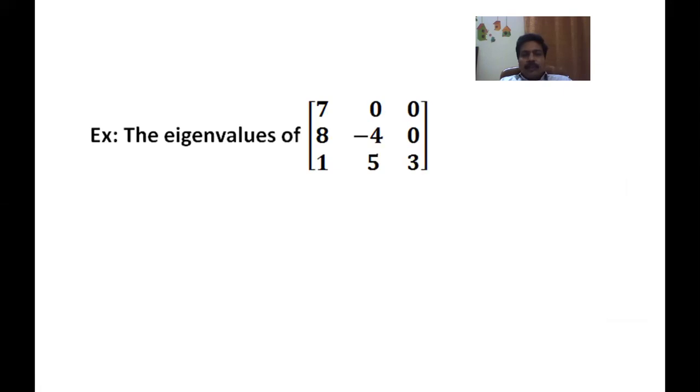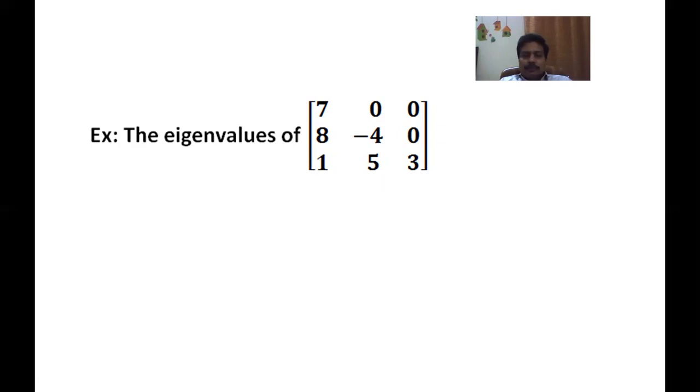So using that concept, we can easily find the eigenvalues of this matrix: 7, 0, 0, 8, minus 4, 0, and 1, 5. So clearly it is a lower triangular matrix, since all the entries above the main diagonal are zeros.